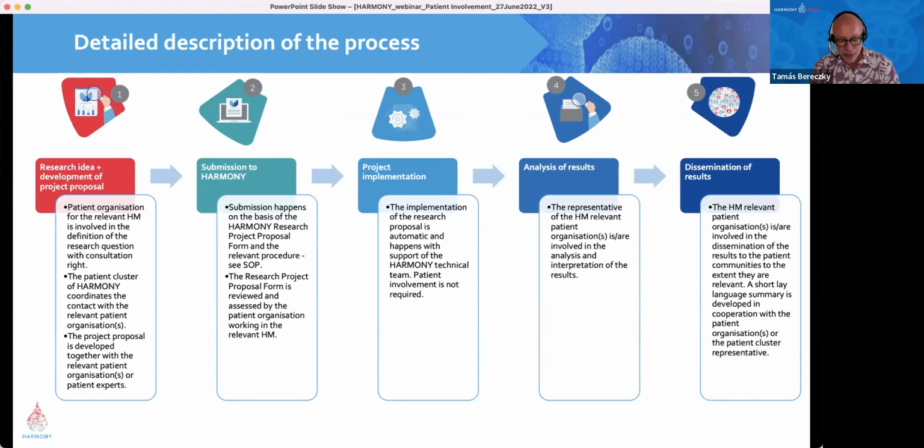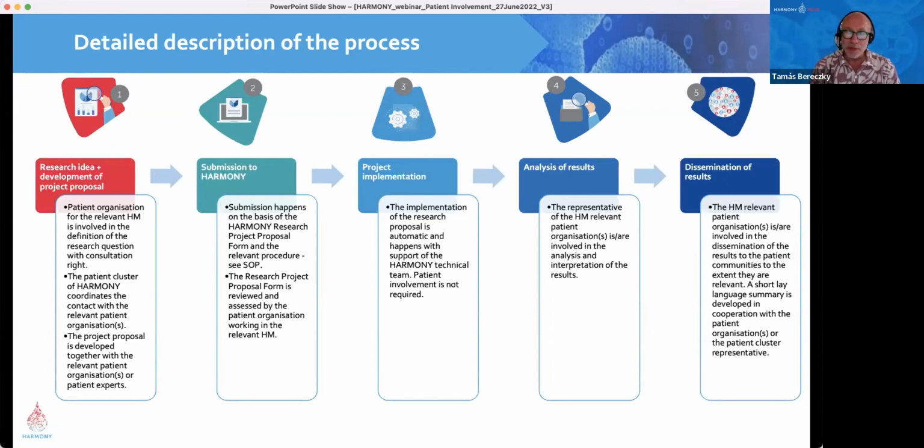Also, increasingly we find that in scientific journals, you simply have much better chances for getting published with patient involvement if you can prove that there is at least one or maybe several patient authors involved in an article, or if you can prove that patient reviewers were involved in the development of the article.